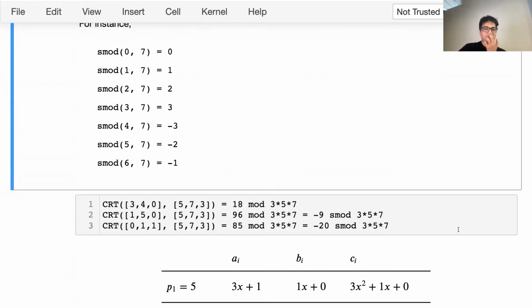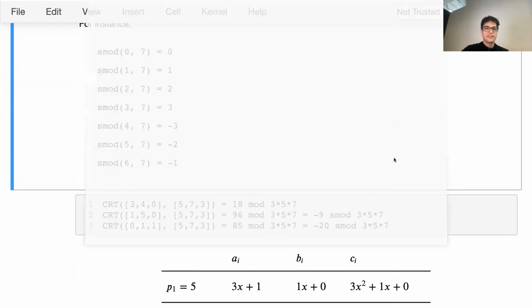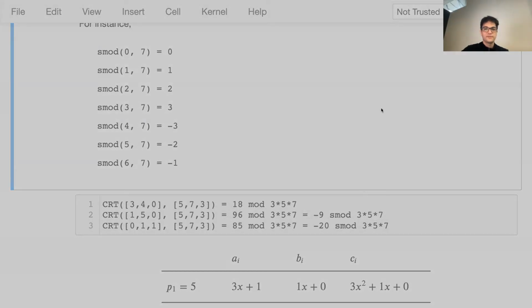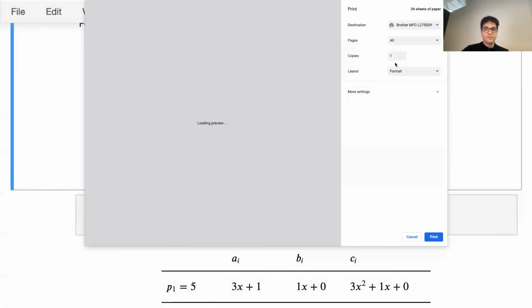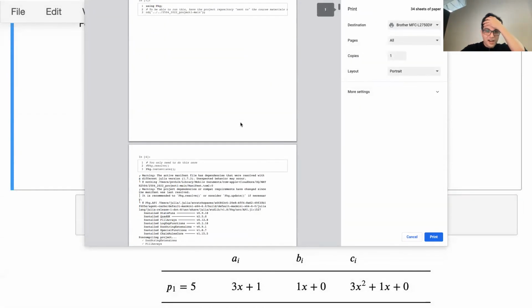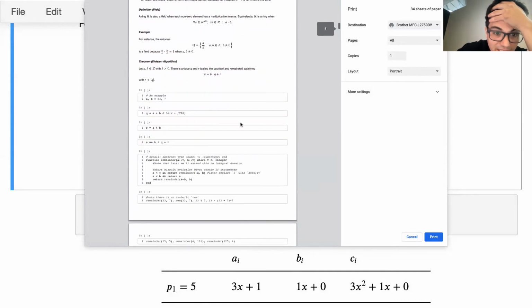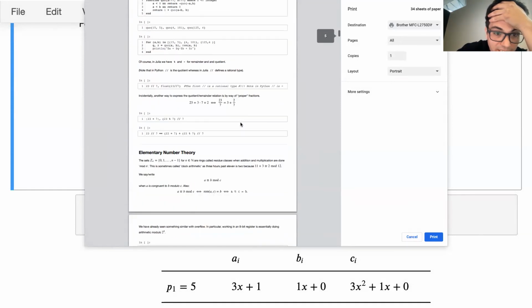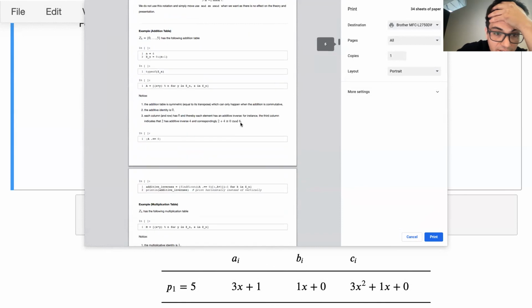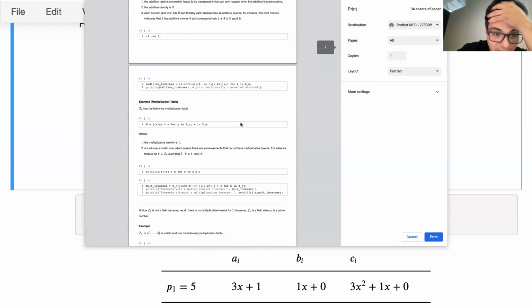Oh, sorry, that wasn't my intent at all. My intent was for you to have it. I had no idea that it wasn't showing up on your end. Okay, can I print this? Okay, I'm going to try to print a PDF copy of this. Let's just see if it will be included. Sorry, I had no idea. That's quite bizarre.